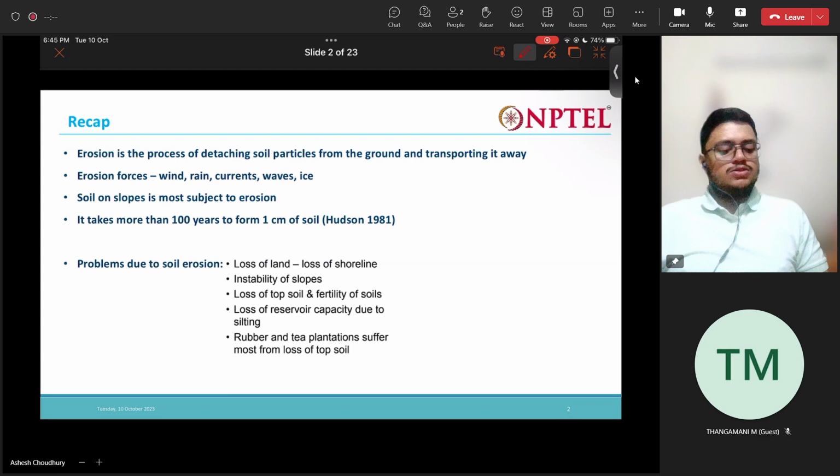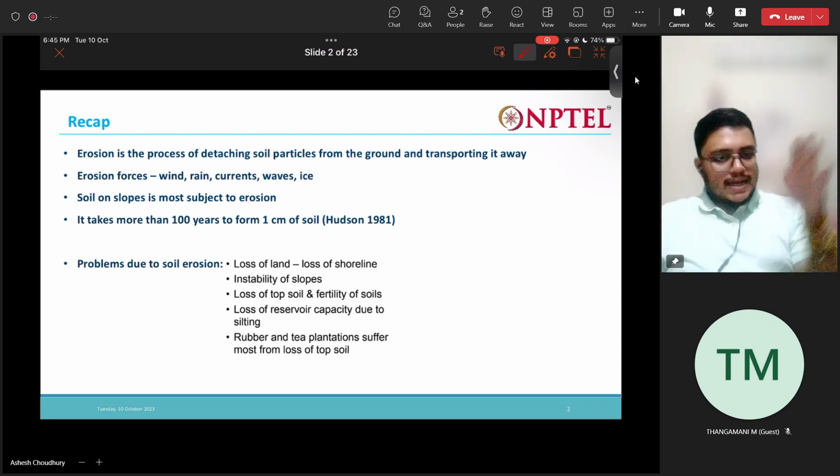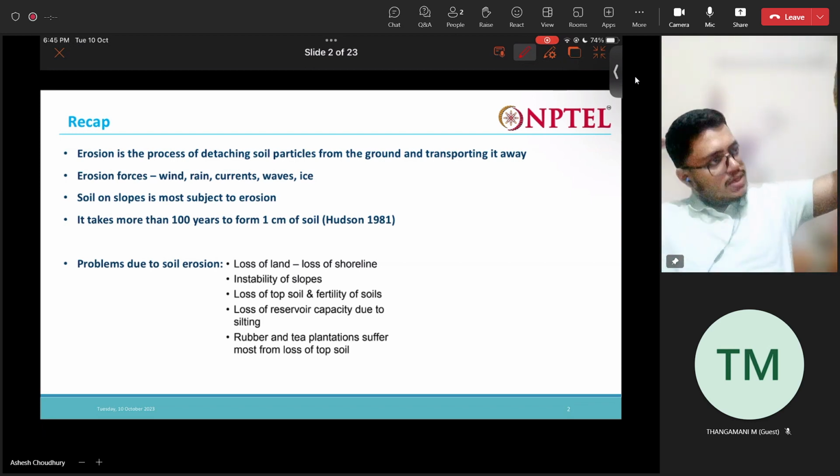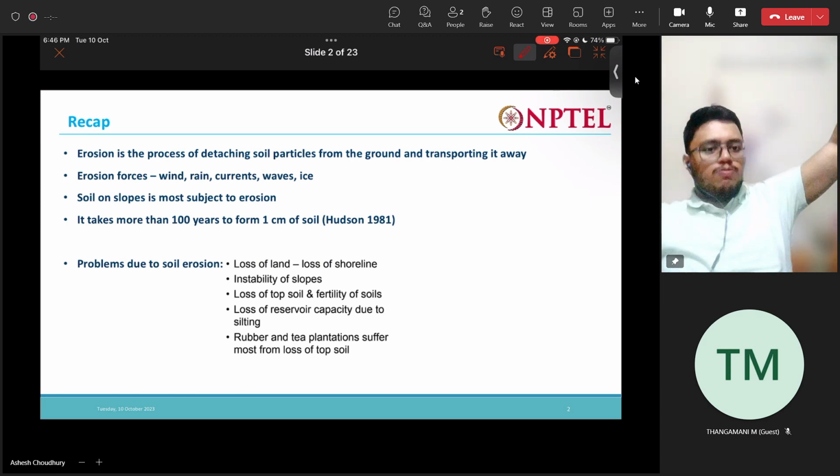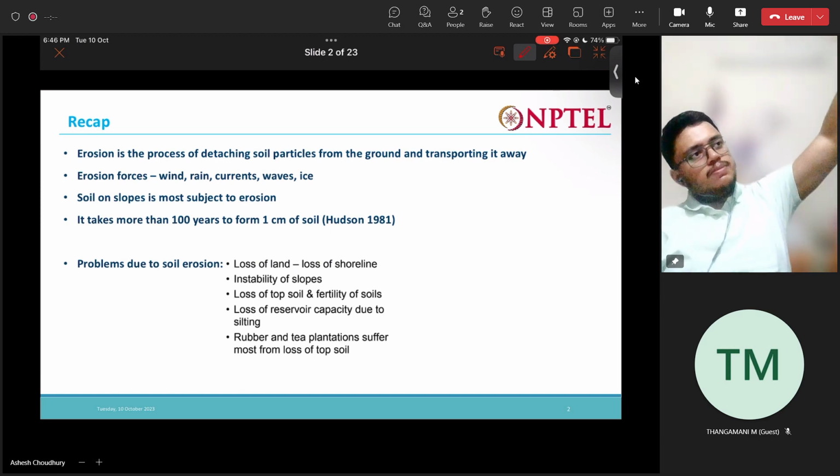And rubber and tea plantations. So actually, I belong to Assam, so tea plantations are very predominant here. Tea cultivation. So tea is generally planted over terraces, right? So terrace farming is done. So it's not terrace actually, it's planted on slopes. Okay, tea is generally planted on slopes.